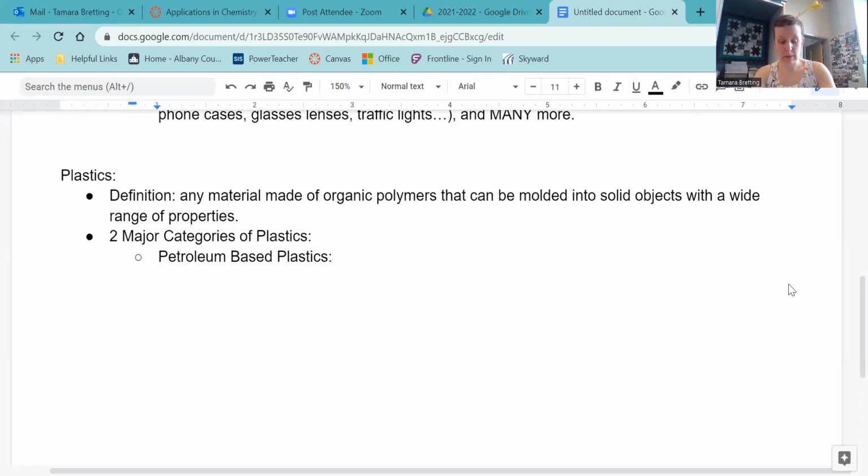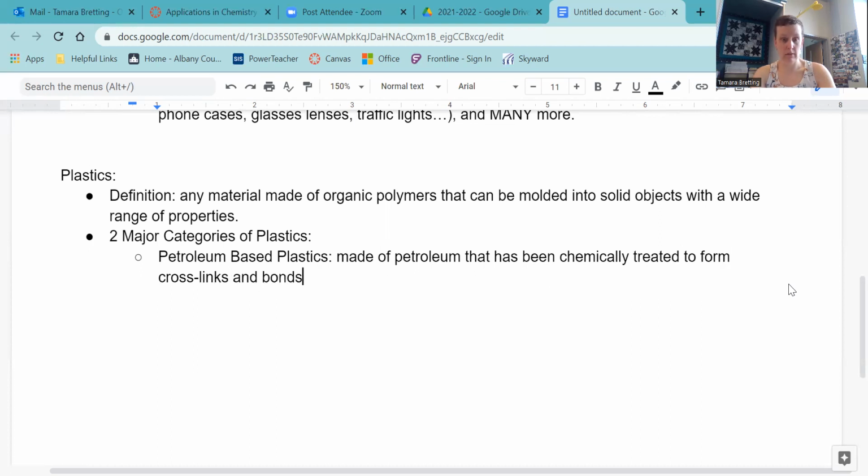So petroleum-based plastics are made of petroleum that has been chemically treated, to form cross-links, and bonds to make a solid.